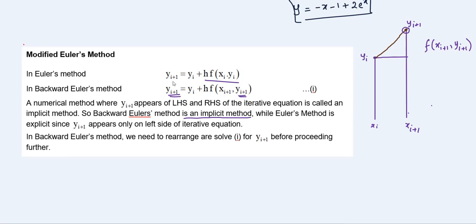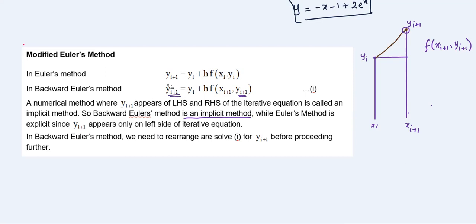In Euler's method, it was very easy. I want yi plus 1, and from the previous step, I know yi. So it is just a forward calculation. I know yi, and from there I can find yi plus 1.